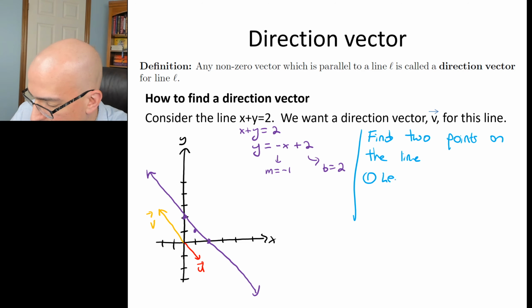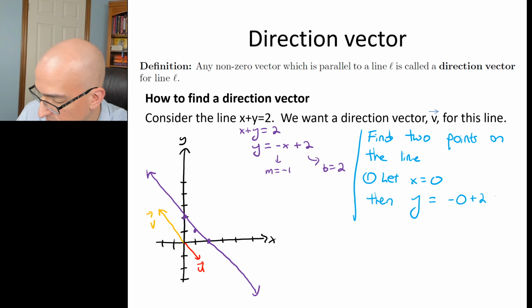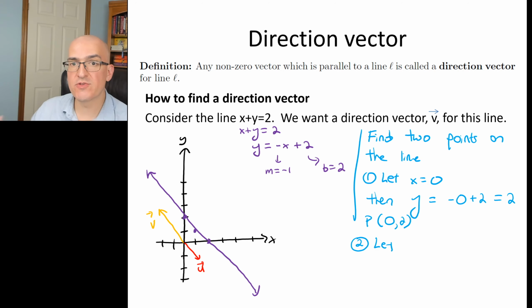So for the first point, I'm going to let x equal something. So let's say let x equal 0. Then y equals negative 0 plus 2, which is 2. So the first point P is (0, 2). Now part 2, to get a second point on the line, I'm going to choose a different x value.